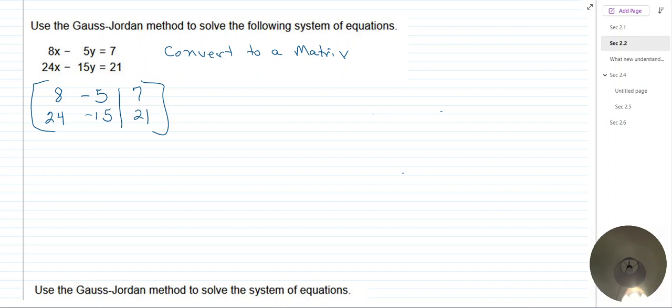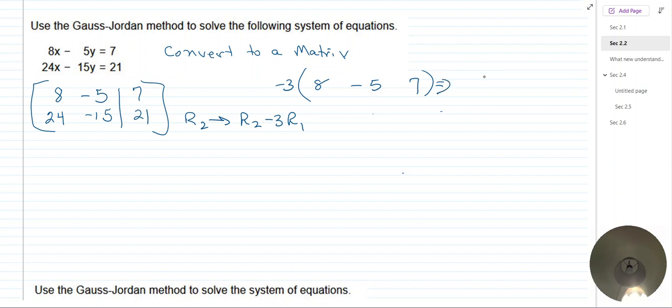So we can say for row 2, changes by row 2 minus 3 row 1s. All right. So I'm going to multiply 8, -5, and 7 by a -3.